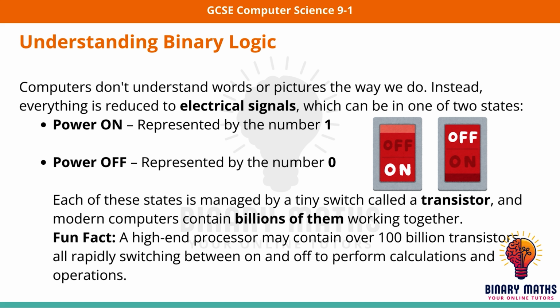Each transistor acts like a tiny switch. If it's on, it represents a 1. If it's off, it represents a 0. Your computer has billions of these switches, all working together to store data, run software, and carry out instructions. So binary isn't just a code, it's a direct reflection of how computers operate at a physical level.